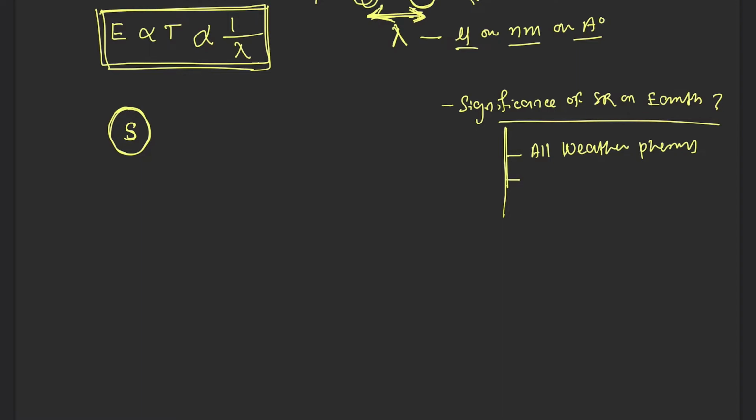We can visualize different objects and see each other due to solar radiation. So the sun is also known as the ultimate source of energy.